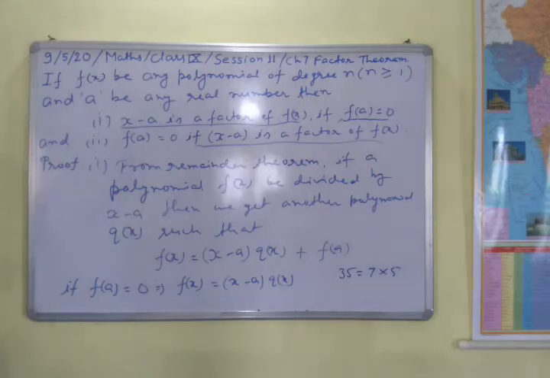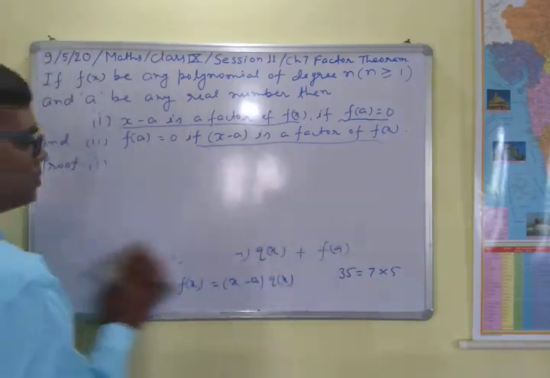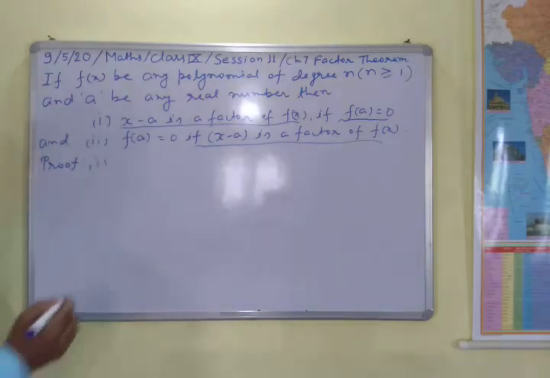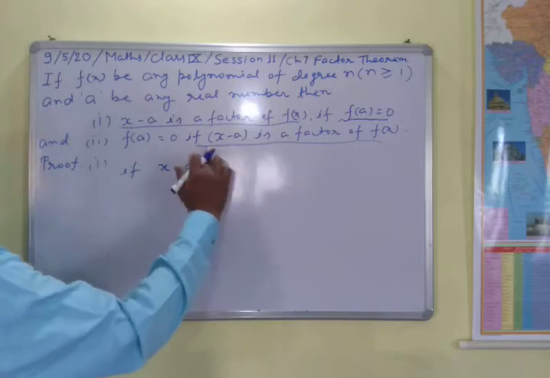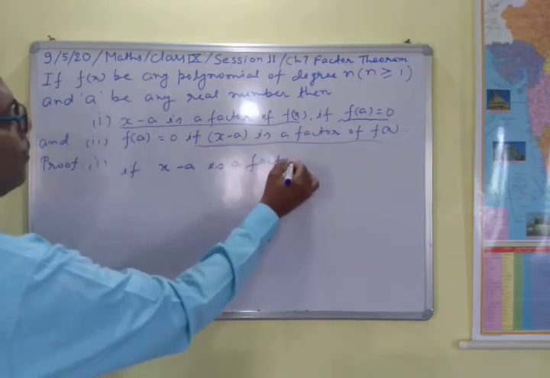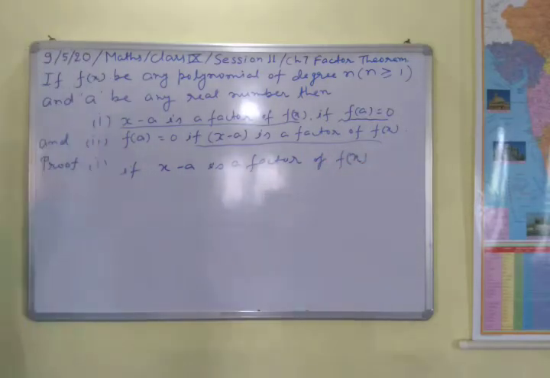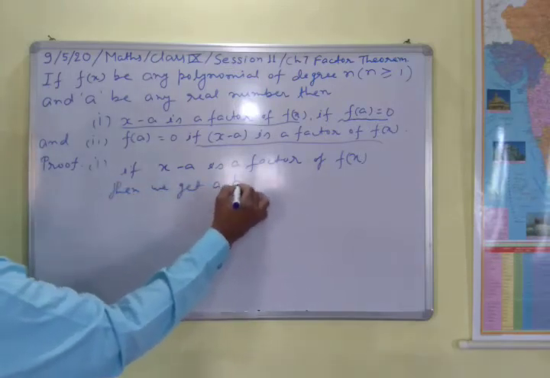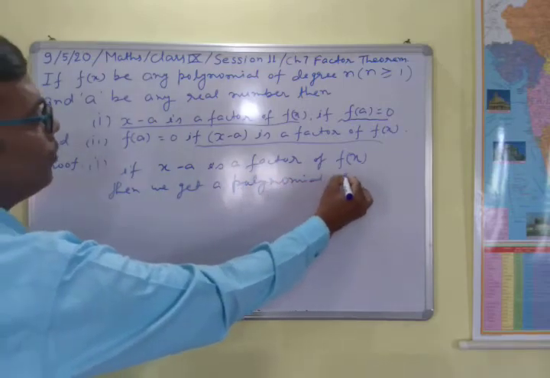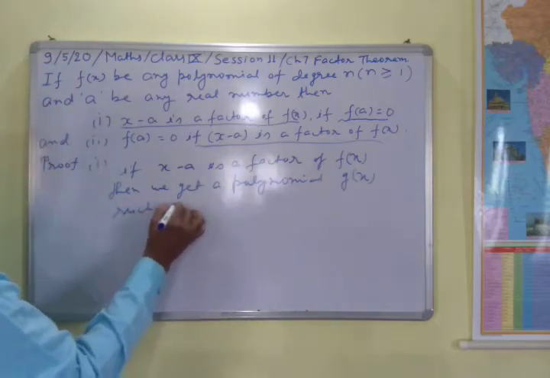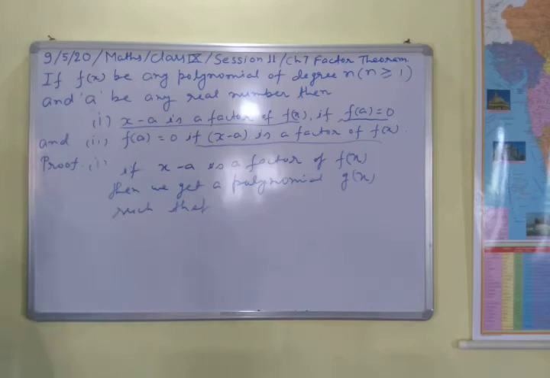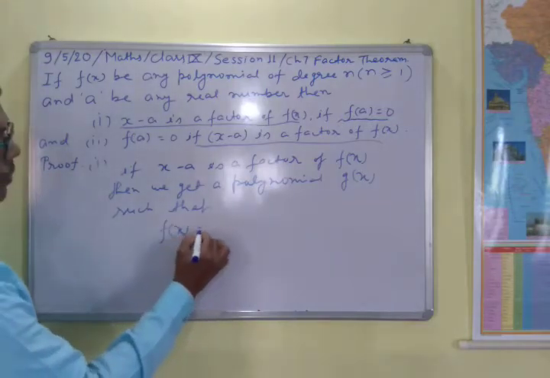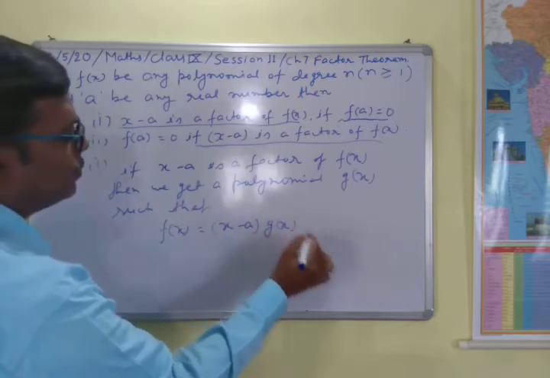So in this number 2 part, again I will write: if x minus a is a factor of f(x), then we get a polynomial g(x) such that f(x) equals x minus a into g(x).